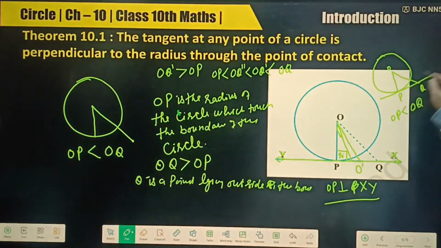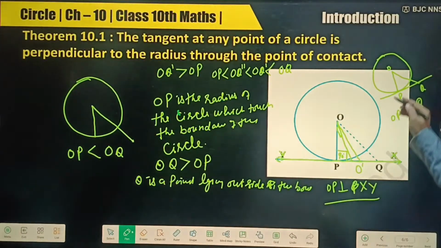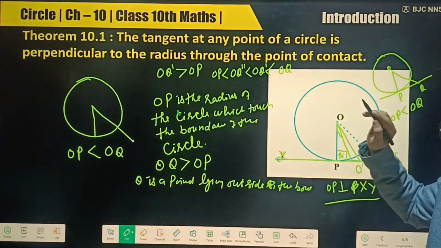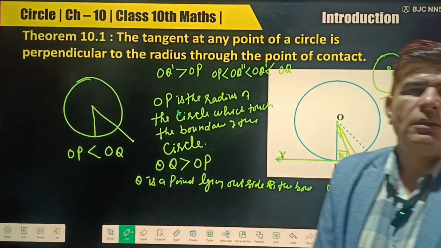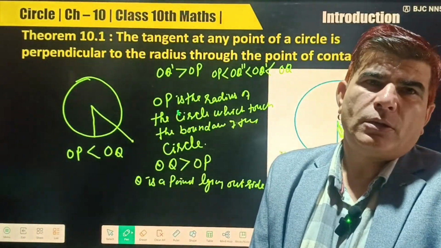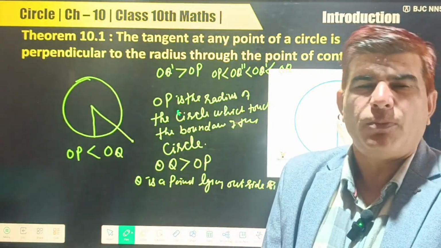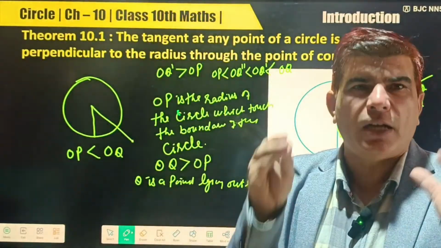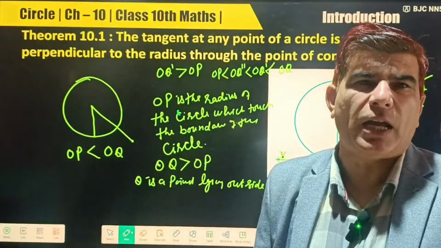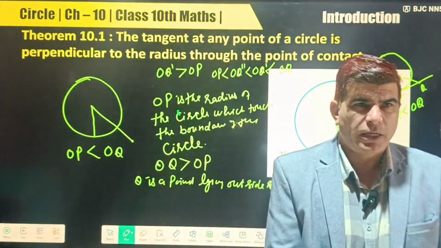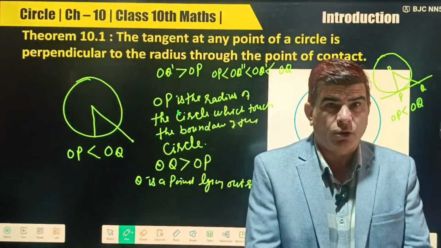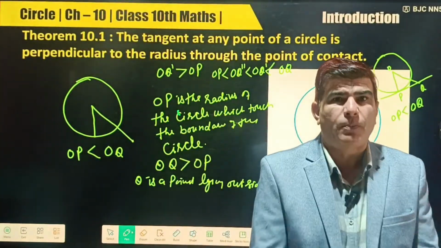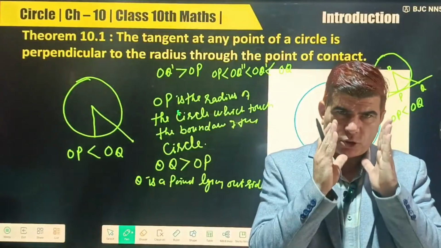Understood? And if it were lying inside, then it would become a secant. So all points lie outside the boundary, so the distance of every point from the center of the circle is greater than OP. So OP is the shortest distance. If OP is the shortest distance, then definitely it is the perpendicular distance. Like taking an example of this room: when I talk about its length, I take the perpendicular length, and that is the shortest length.